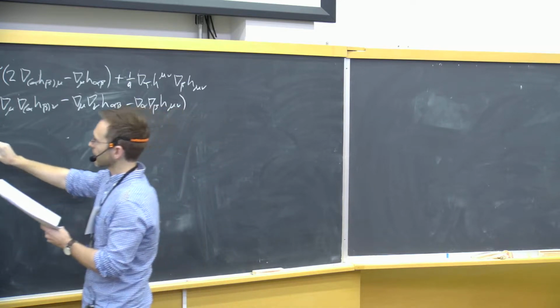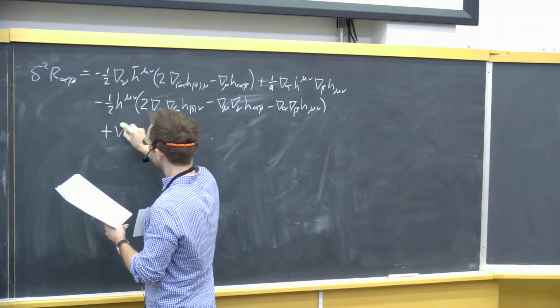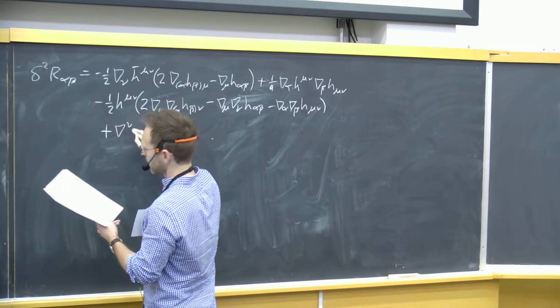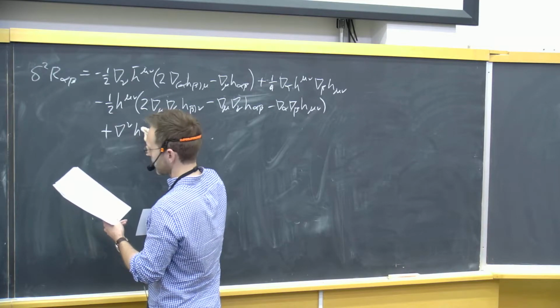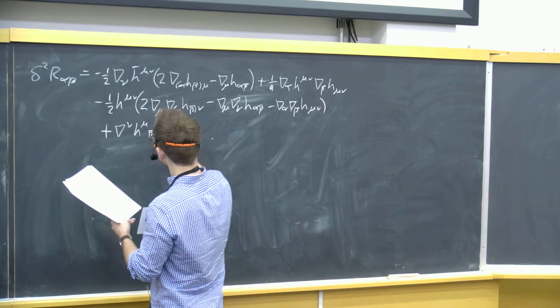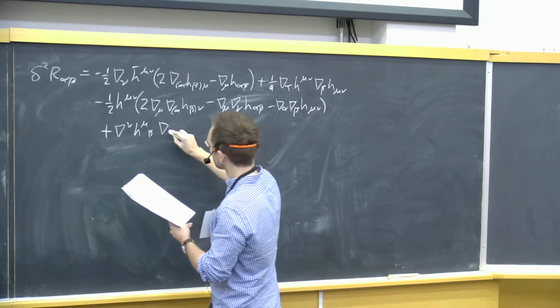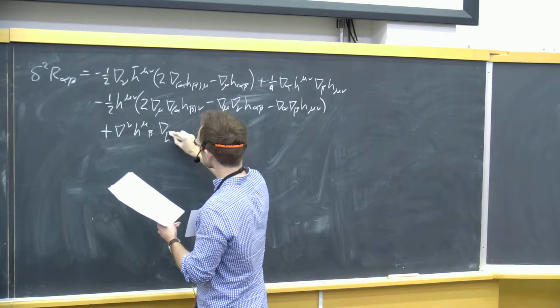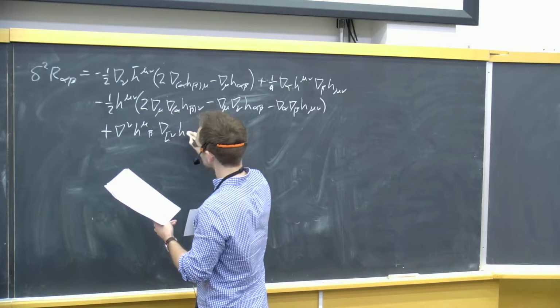And finally, the last term is grad nu h mu beta. And now we have an anti-symmetrized derivative of h.